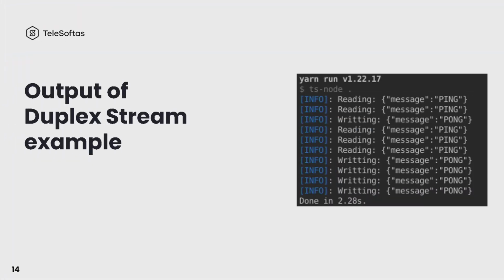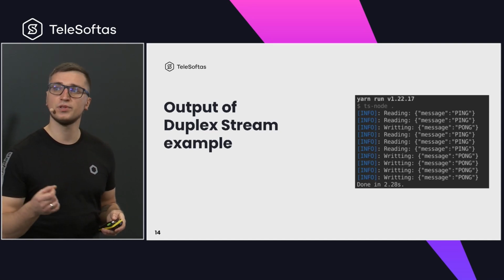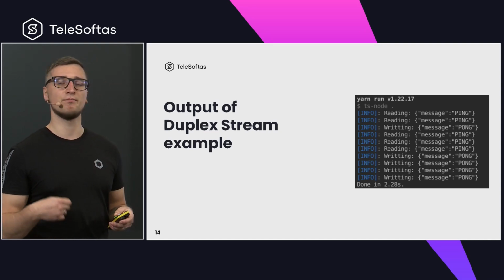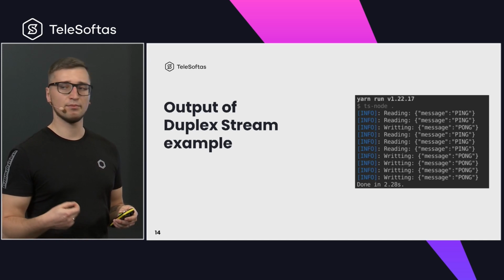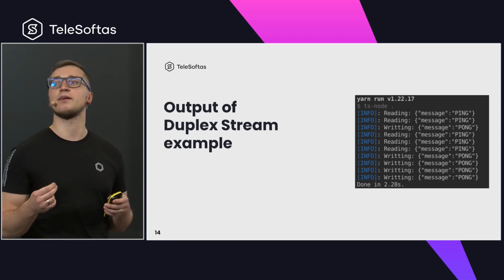Moving forward, example of Duplex stream. As you have seen in this example, its main purpose was to emit a message of ping. And that readable stream shared the same data source.